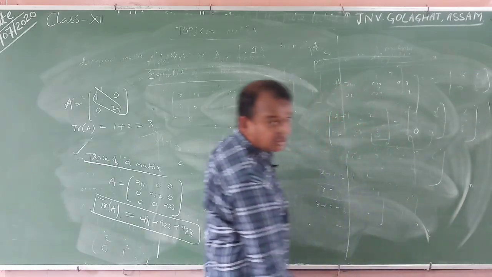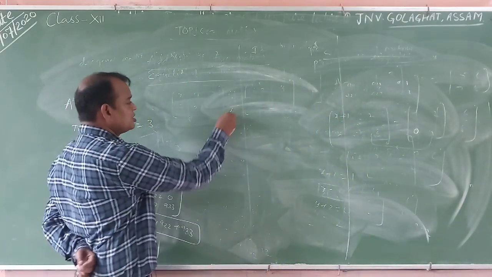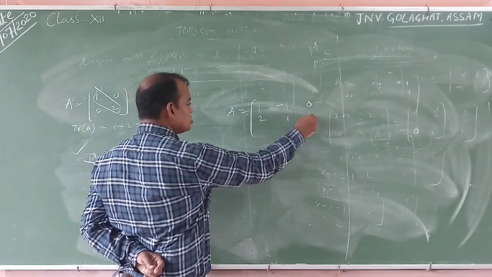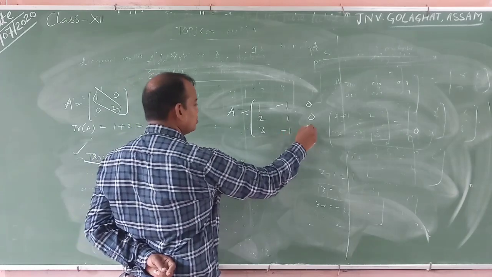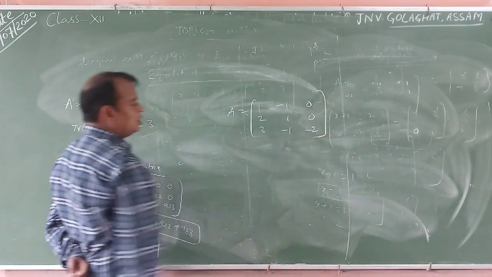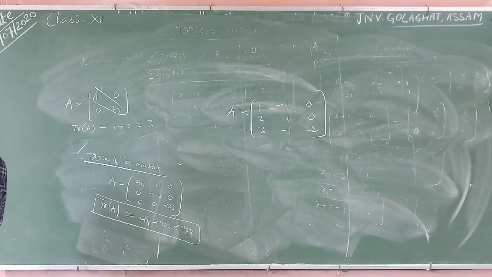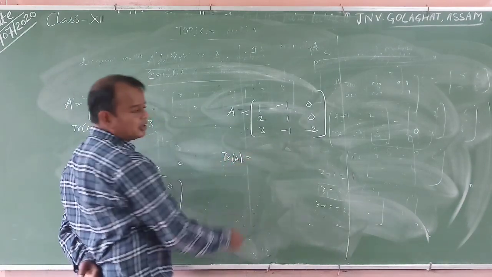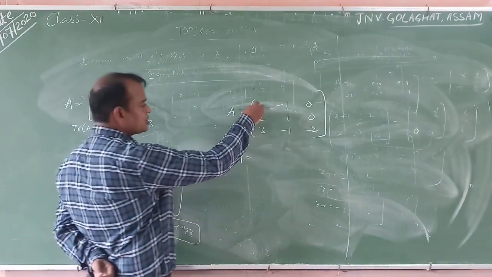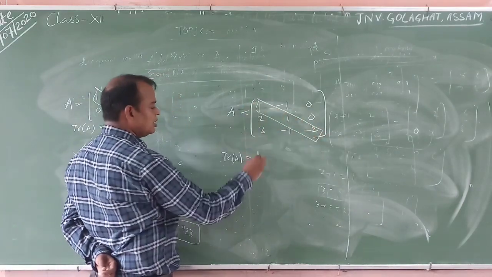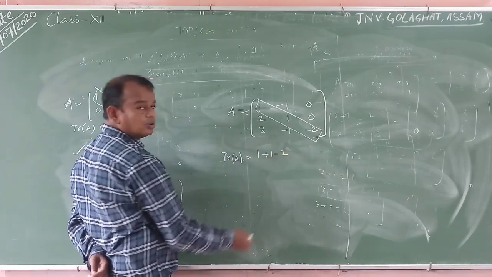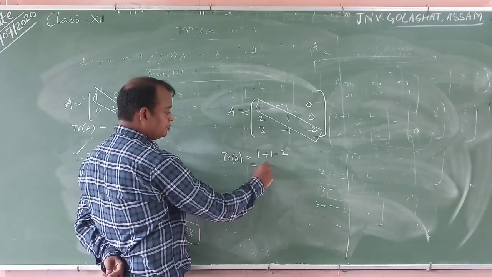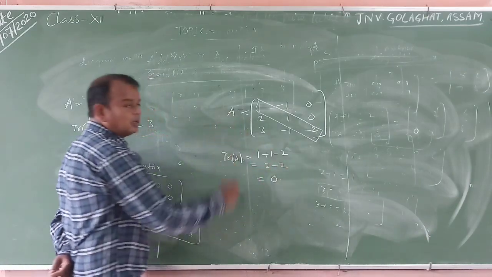Suppose this is given: 1 minus 1 0, 2 1 0, 3 minus 1 minus 2. Now find the trace of the matrix. Trace of A is the sum of the principal diagonal elements, that is 1 plus 1 minus 2. Adding all, 2 minus 2 is equal to 0.